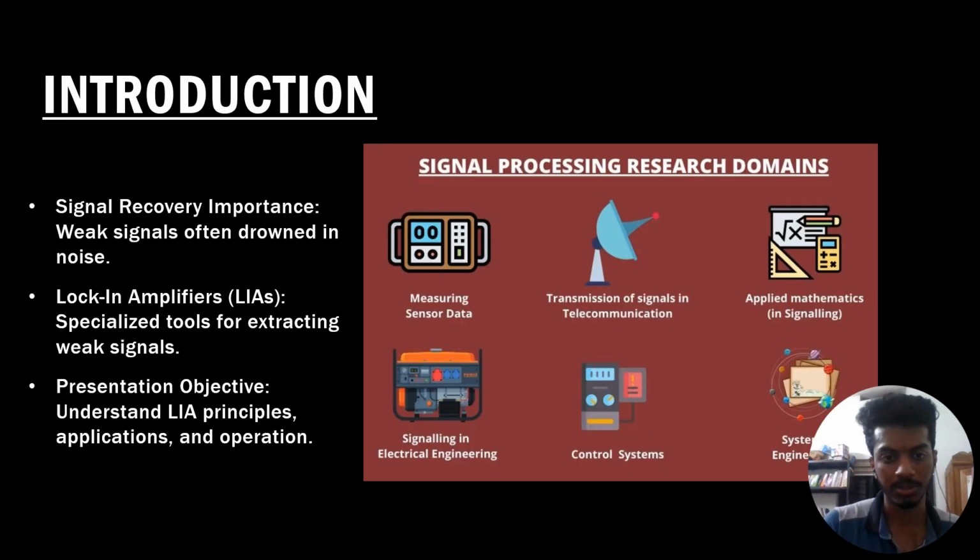So the introduction. What it actually does is it takes in the signal, removes the noise, and gives back the signal. Just as simple as that. So how is this relevant to us? As most people know, signals are there everywhere around us, whether it be measuring sensor data, telecommunication, electrical engineering, everywhere there are signals.